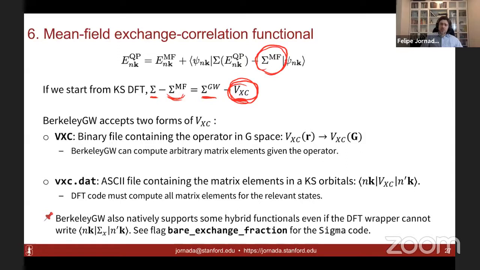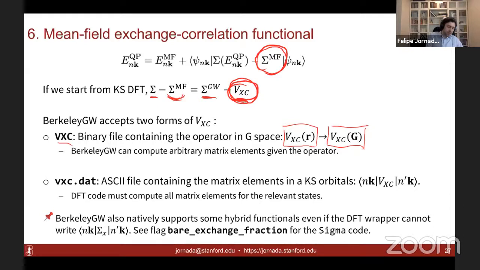BerkeleyGW allows you to specify two forms of VXC. One is as an operator in a binary format, and we call this file capital VXC. That contains the operator of the exchange-correlation functional in G space. That's because if your functional is local in real space, you can Fourier transform and you get a single vector.